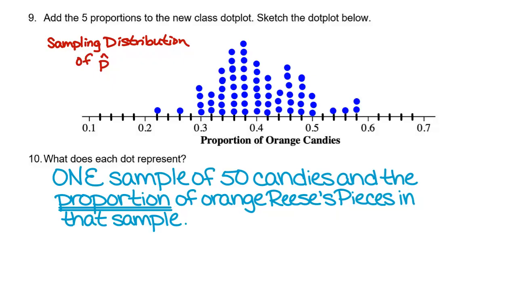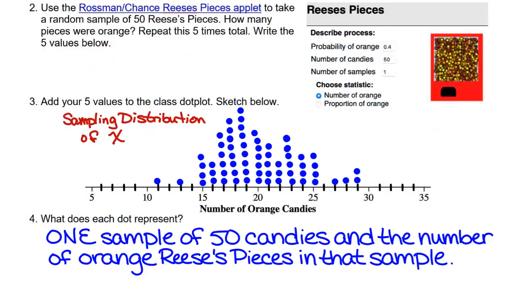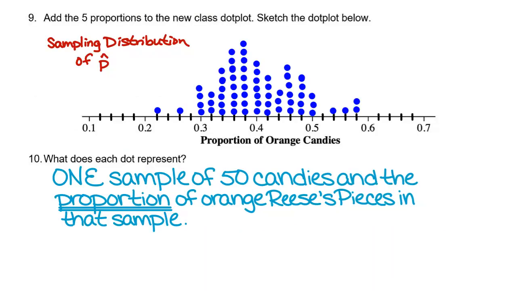Over there the mean is 19. Over here, the mean is 19 over 50, which is 0.38. So is the mean exactly the same?